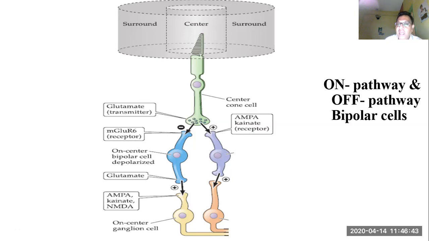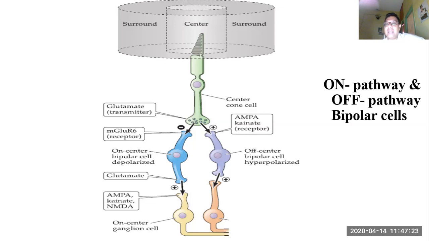A release of less glutamate will hyperpolarize this cell, because in the dark, this was depolarized, and released a lot of glutamate. Glutamate depolarized this cell. So in the dark, the off-center bipolar cell is depolarized. But in the light, the off-center bipolar cell is hyperpolarized, or it becomes off.